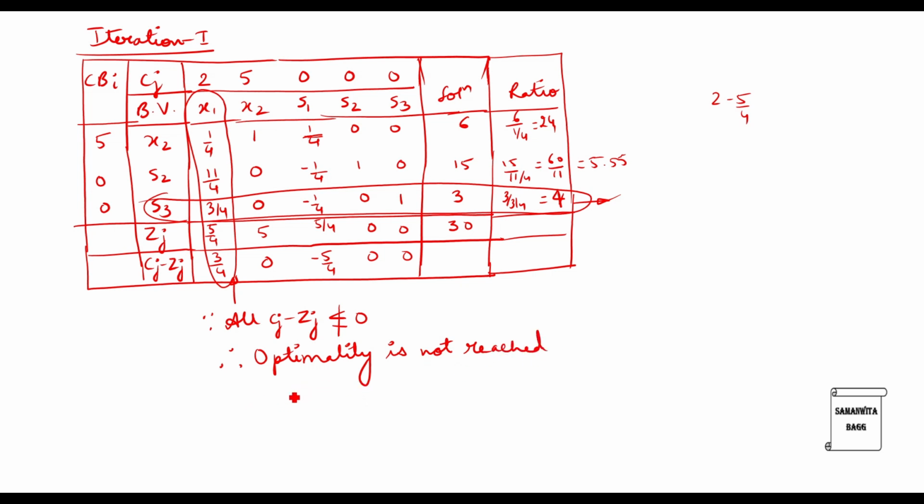So x1 is going to enter the solution as the entering variable and S3 is going to be the leaving variable. So once we have figured this out, we will go for iteration 2. So we will write down iteration 2.